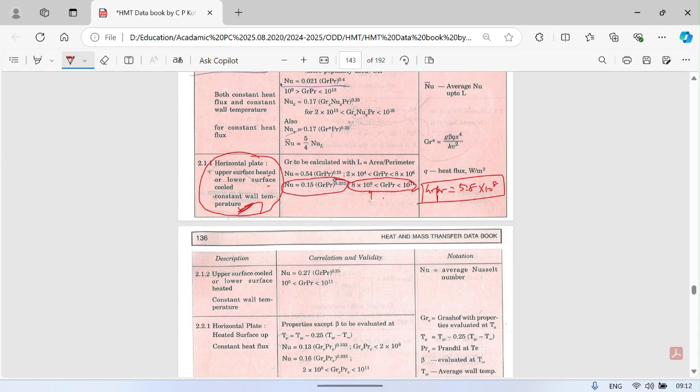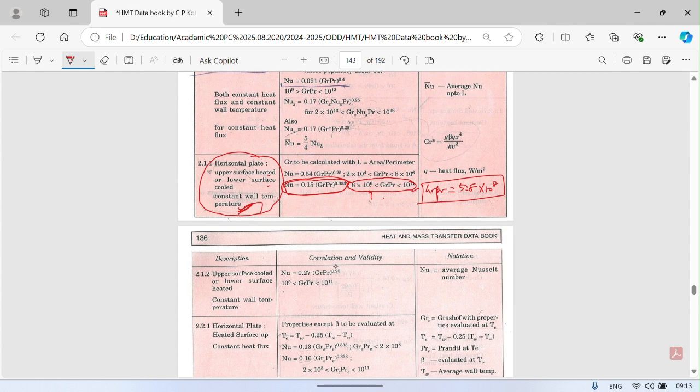Here the upper surface is heated, because you have to maintain the temperature at 130 degrees Celsius. So we can choose this condition. And similarly for the bottom surface, the lower surface is also heated to maintain the temperature, say 130 degrees Celsius.